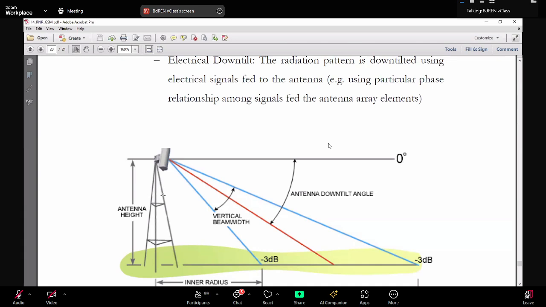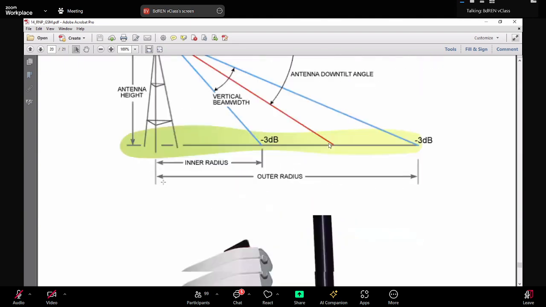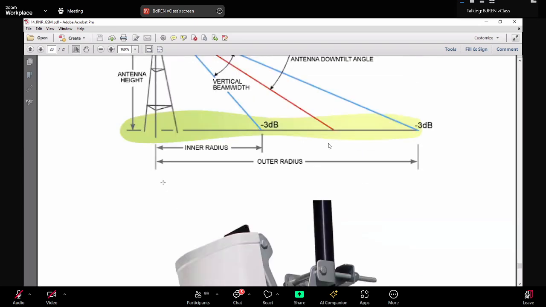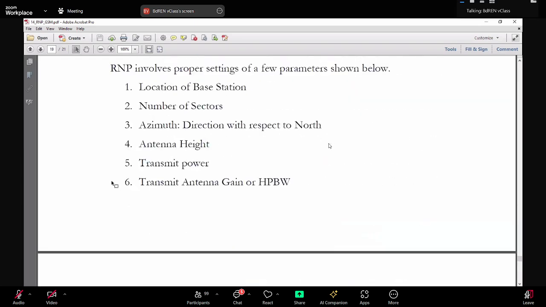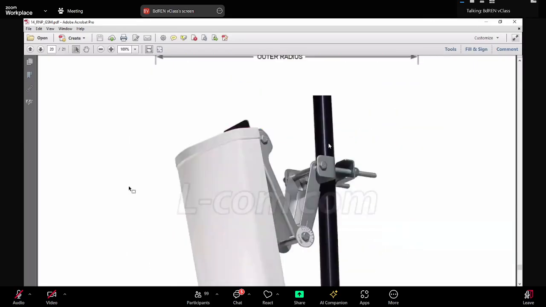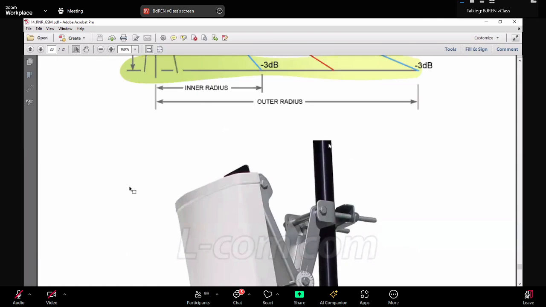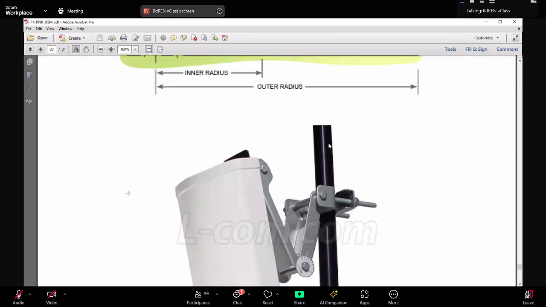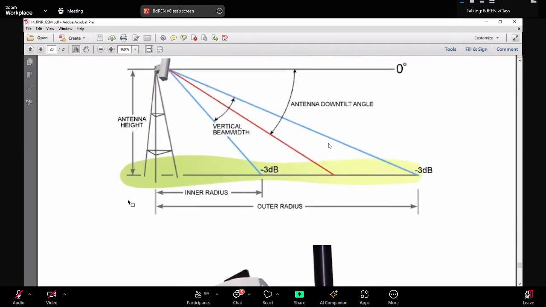So you have a limited coverage area. And like other things, you may have to adjust them. This is more easily adjusted: from the bottom you should be able to connect your laptop and send a command, and accordingly the down tilt will change.